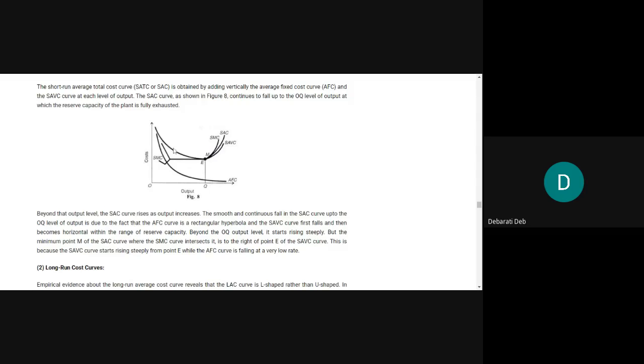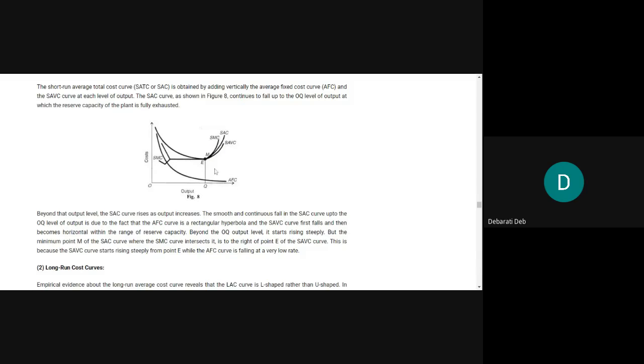How does this shape occur? This average cost curve, as shown in this figure, continues to fall up to the OQ level. Till this level, the cost curve continues to fall. You can see the point Q, right? This is the point where you had drawn B yesterday.